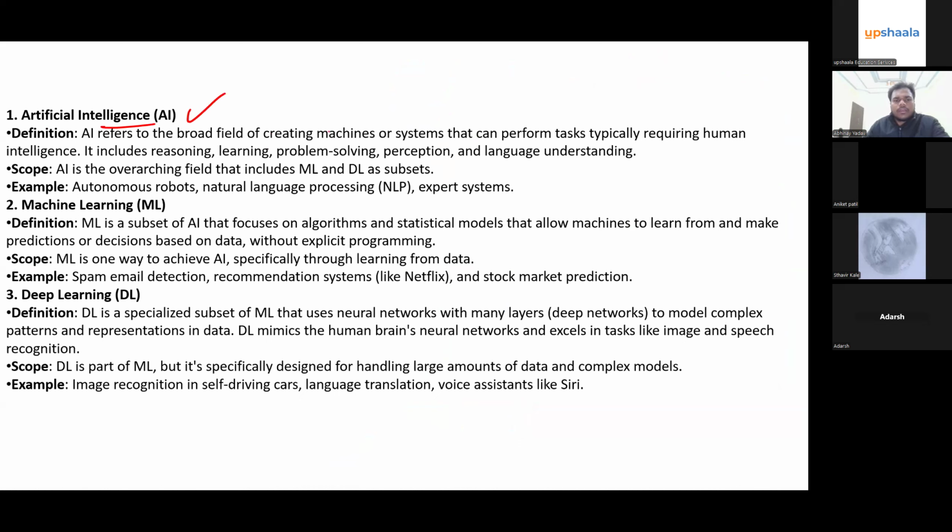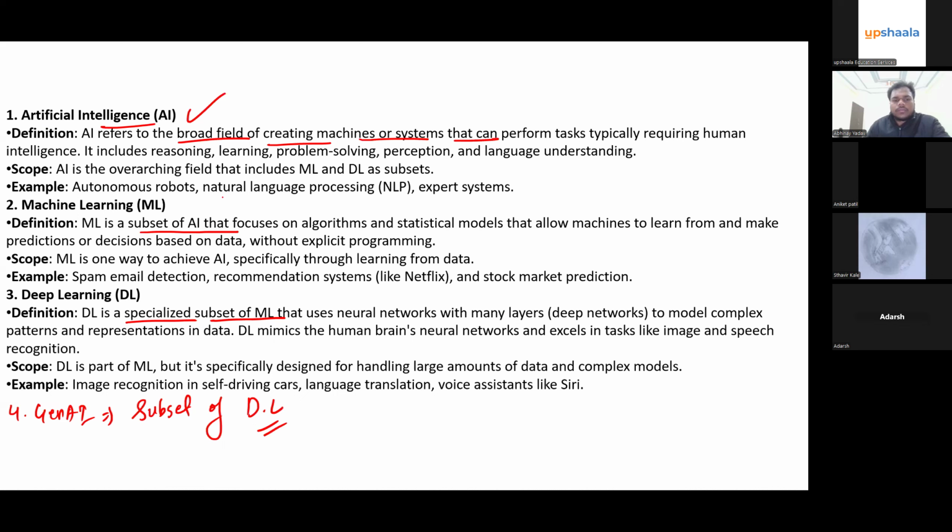What is AI? It is a broader field of creating the machine or the system. Machine learning is a subset of AI. DL is a specialized subset of machine learning, and after that you can write generative AI, which is a subset of DL.